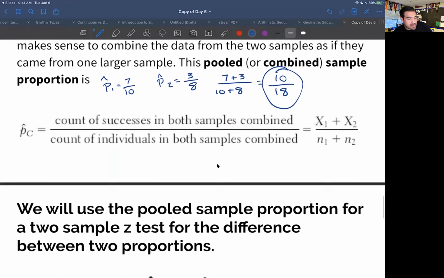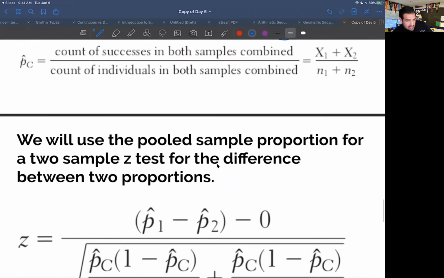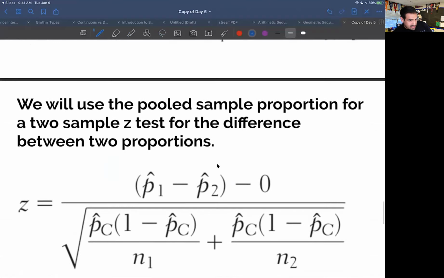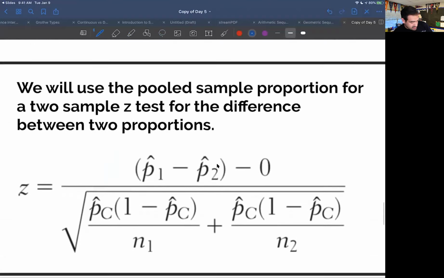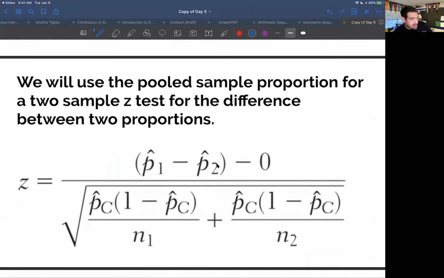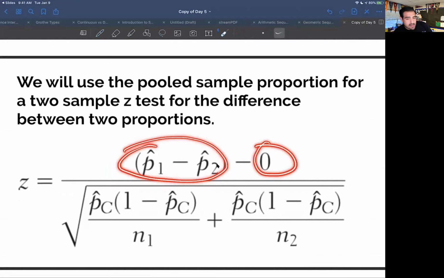So let's look at the formula. This is the two sample z-test for the difference between two proportions. That test statistic is the same as before: the statistic minus the parameter, which we're assuming is 0, divided by the standard deviation of the statistic.